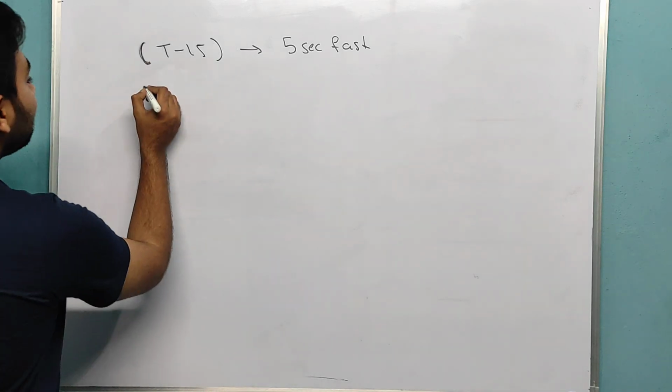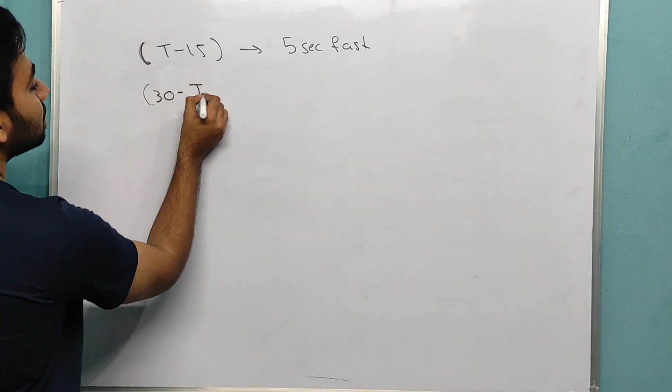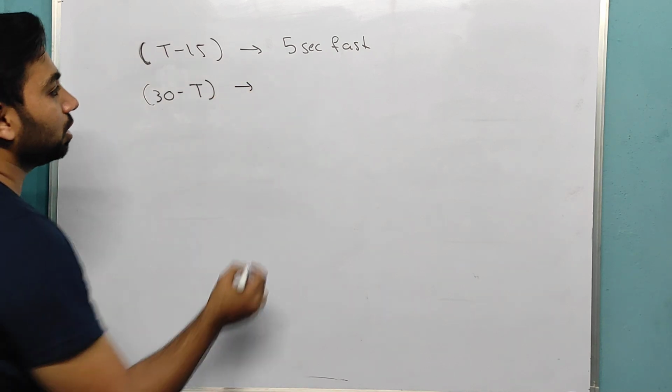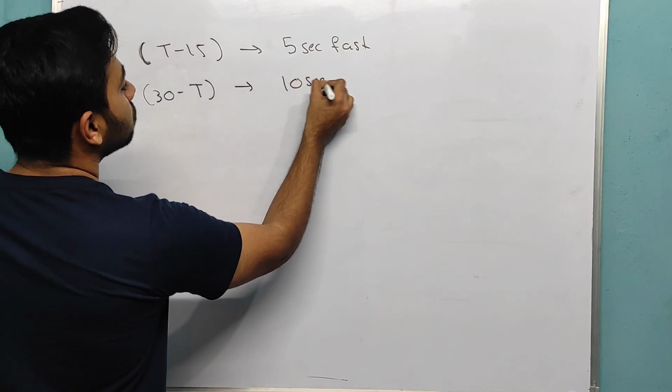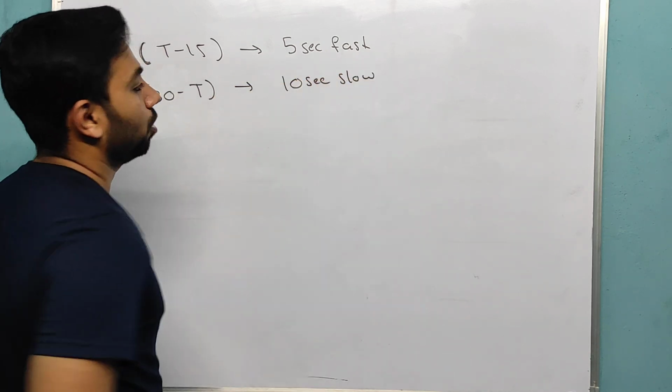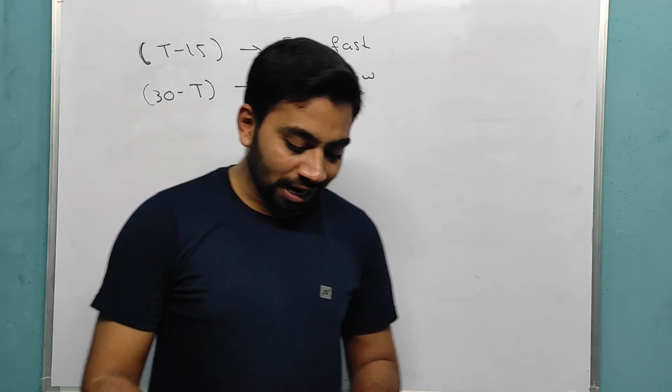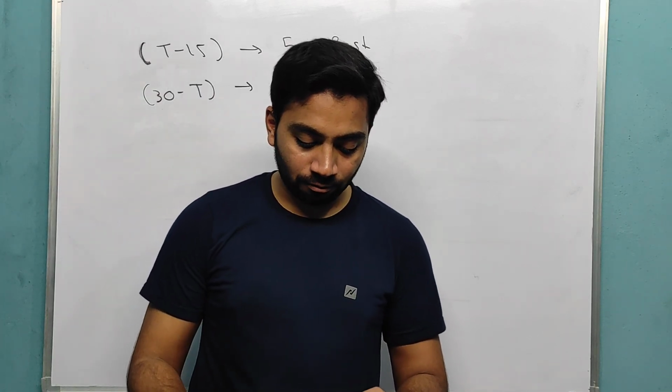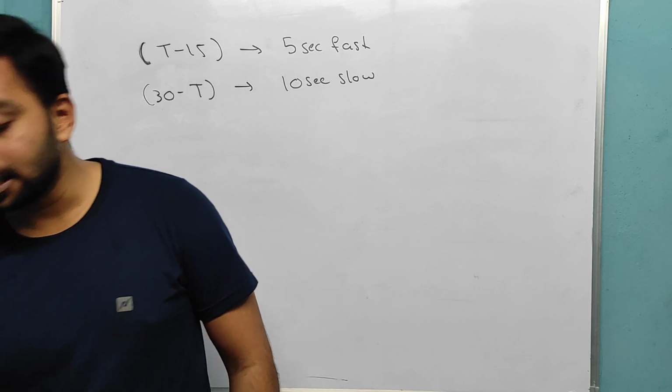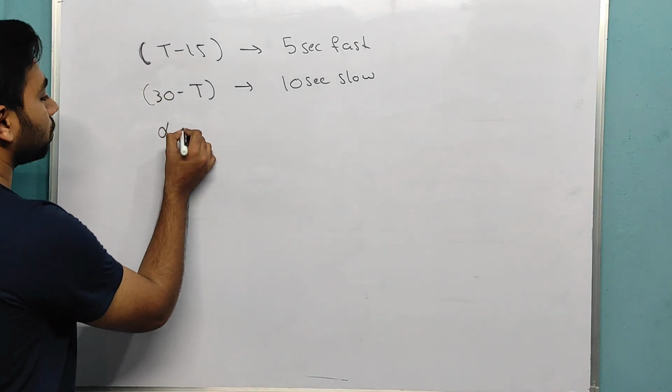Which means at 30 degrees Celsius, which is more than our room temperature, it is 10 seconds slow. Okay. Now what we need to find? Find the coefficient of linear expansion of the metal. Which means we need to calculate this one.